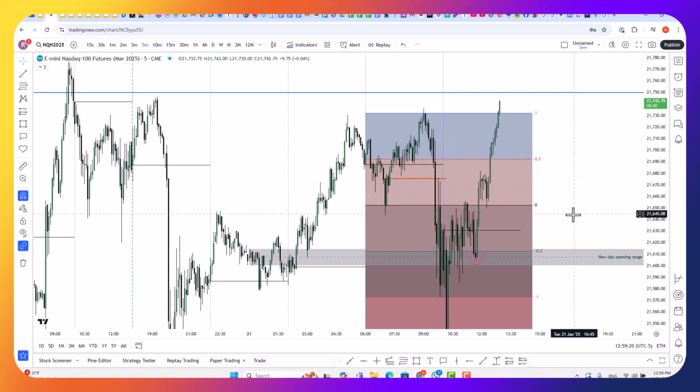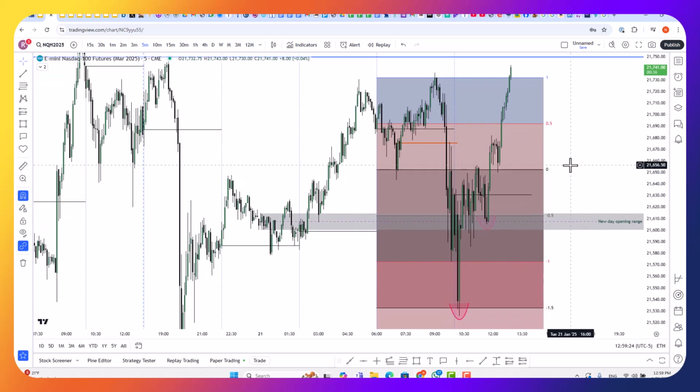Now, today, as I said, is a buy day, and on a buy day, I expect price to drop during the opening range, during the first 30 minutes of trading. In the first 30 minutes to an hour of trading, I want to see price go down and give me a reversal.